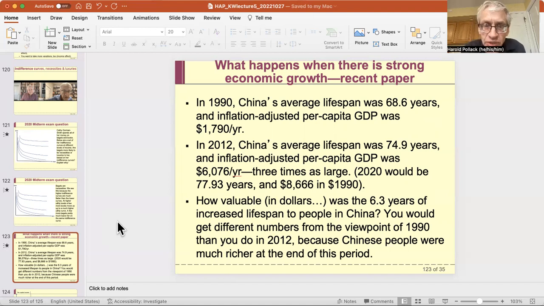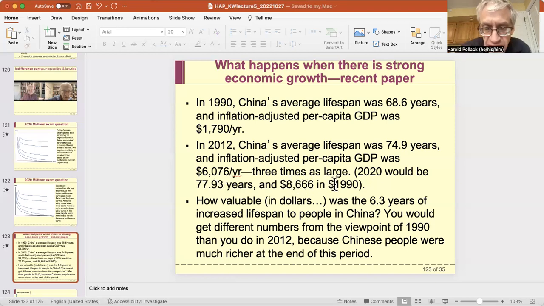Lifespan goes from 68.6 years to 74.9 years, and in inflation-adjusted terms, income goes from 1,790 to 6,076. By the way, if we did this for 2020, lifespan goes up to 77.93 years, and income goes to 8,666.